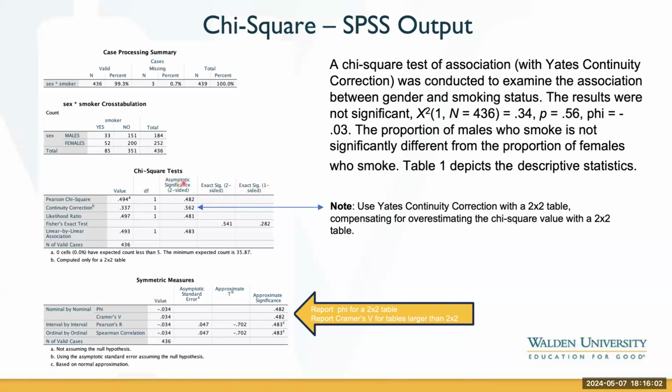Go into the asymptotic significance right here, two-sided, because you'll see values there. And from this, can you tell me if I use this line and this 0.562, was this a significant association? Yes or no?